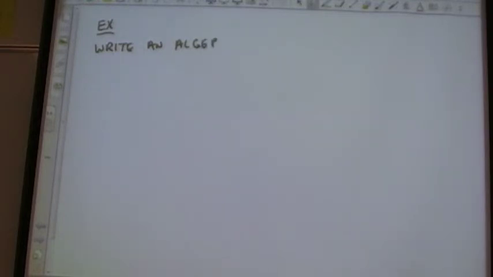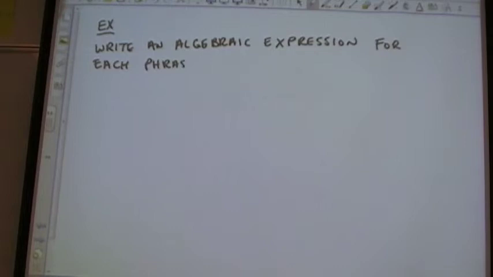Okay, here are the directions. Write an algebraic expression for each phrase. Just an expression, no equal sign.